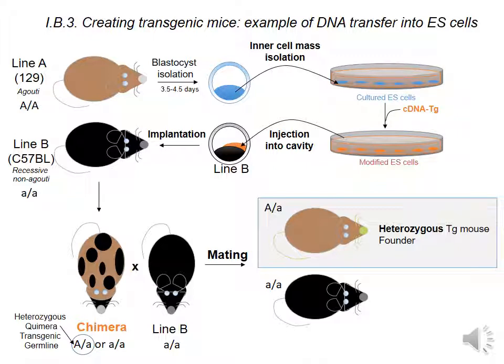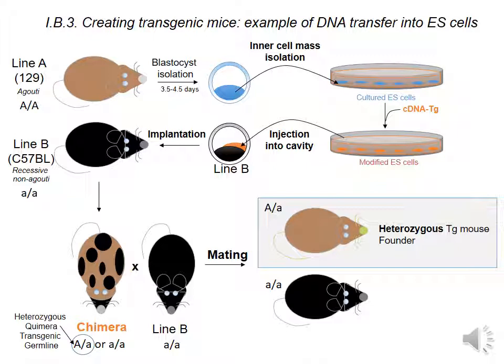Then the transfected stem cells are injected into a host embryo, and they mix with the host cells during embryogenesis. This is implanted into a pseudo-pregnant female, and the offspring will be called chimeras, which is the result of patchy expression of cells from the host embryo and the transfected stem cells.